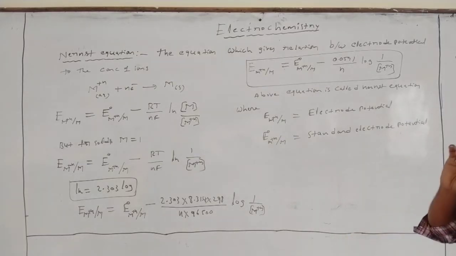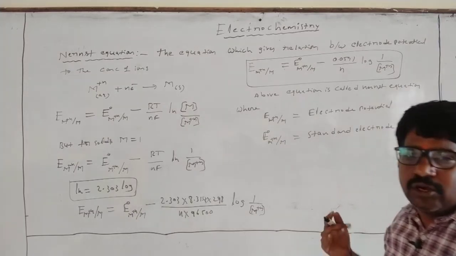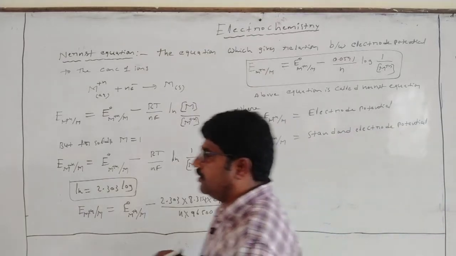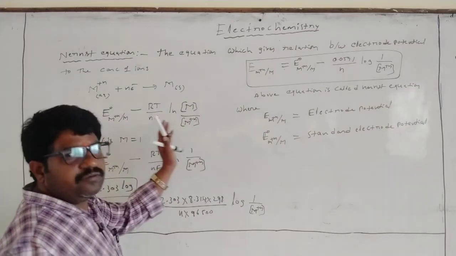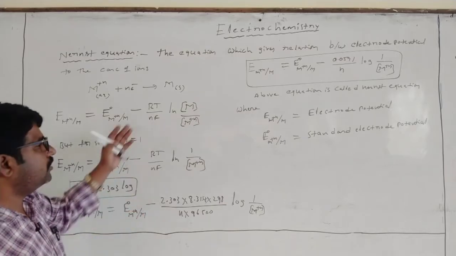So this is the Nernst equation. If they ask you to explain the Nernst equation, you have to write this.